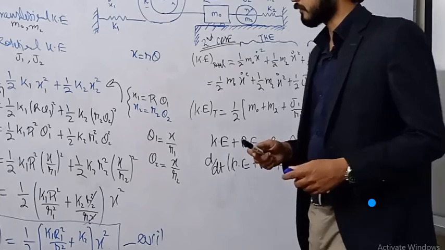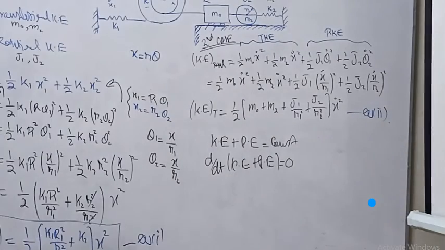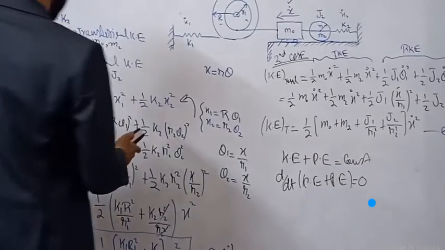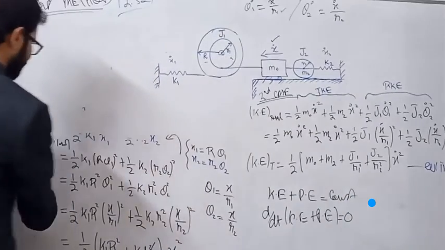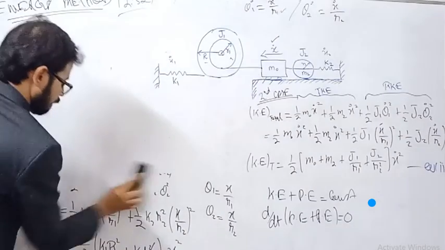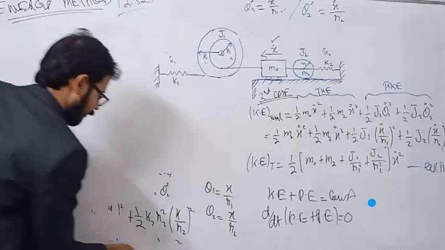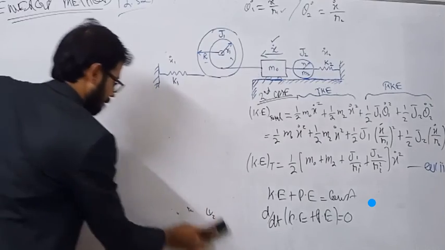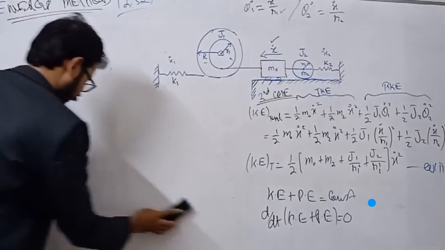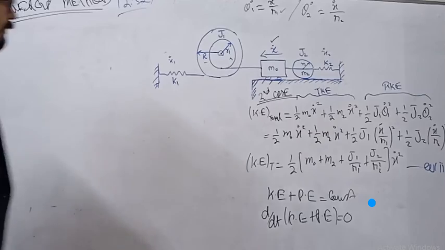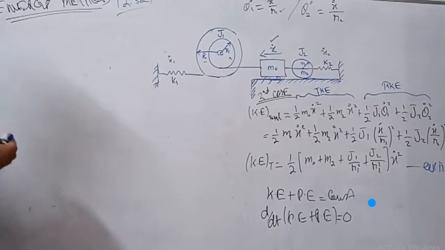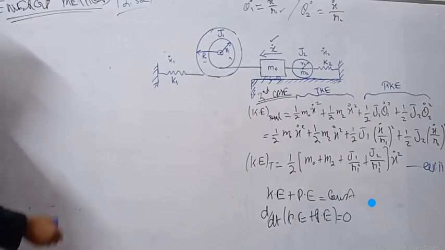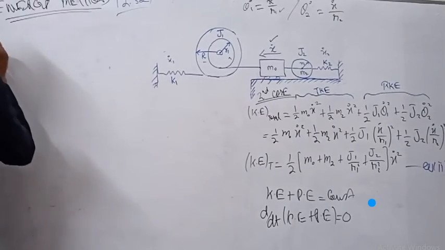I want to write it on the other side of the board. So I will solve it here, and I will leave this equation for total potential energy and total kinetic energy on the left, so that we can easily solve the problem by rewriting the equations. So we take the derivative d by dt.